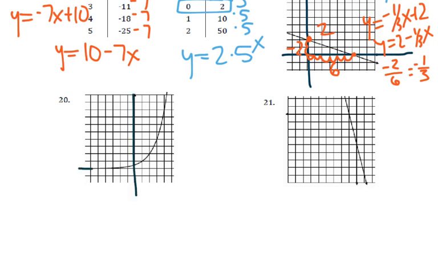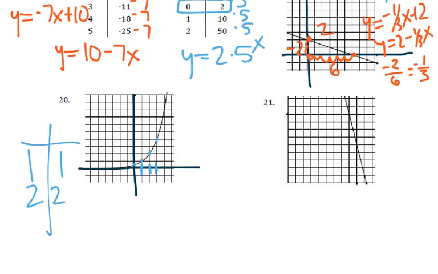Okay. Now, for 20, looks exponential. So here's our y-axis. This is probably our x-axis, but I'm not really sure. But I'm just going to say it is. So here, we're not sure where that is, right? But at 1, we're up to 1. And then at 2, we're at 2.